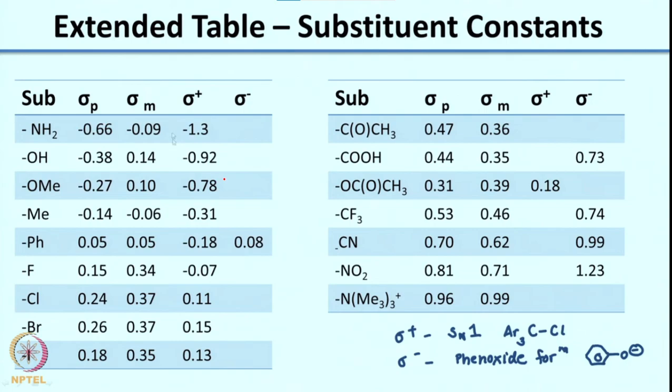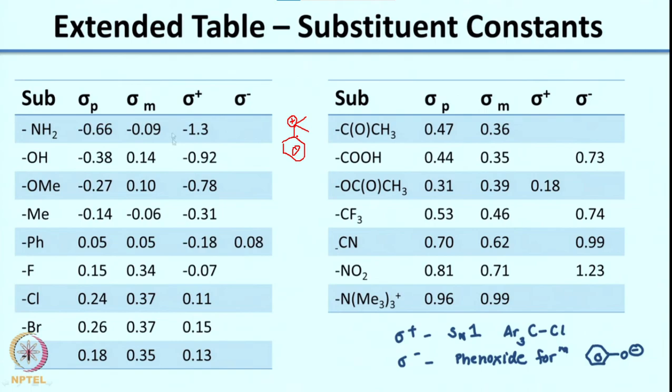So if carbocation generation is taking place, that means the benzene ring is stabilized by sigma plus. I will draw here first. Sigma plus. Suppose this is our benzene ring, and we have, suppose, a plus charge here, correct?